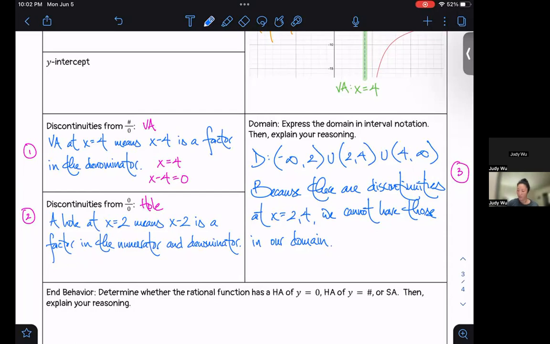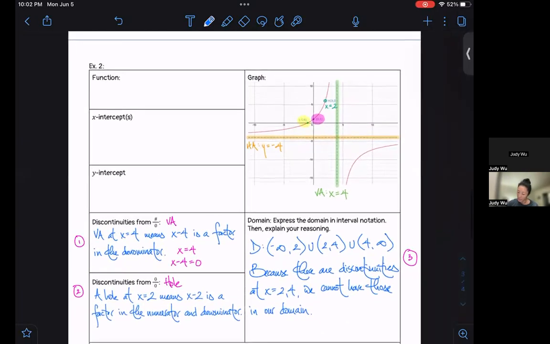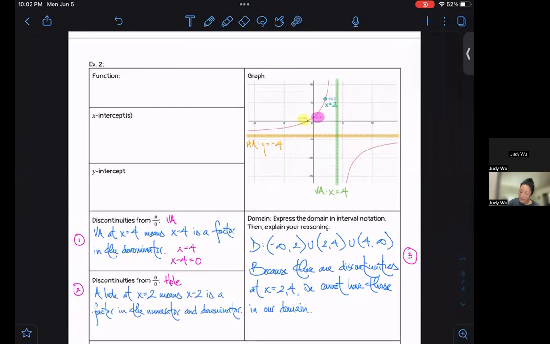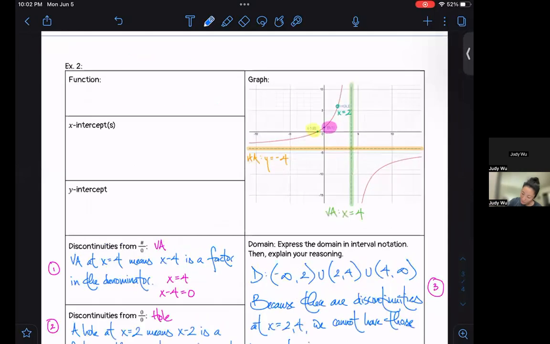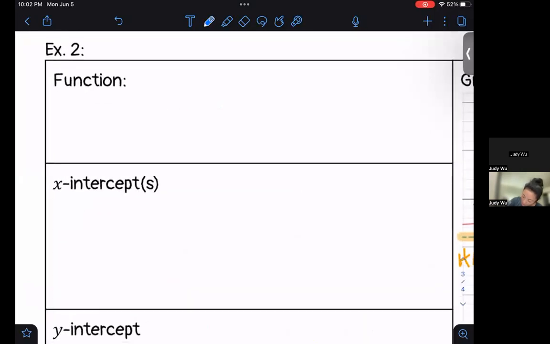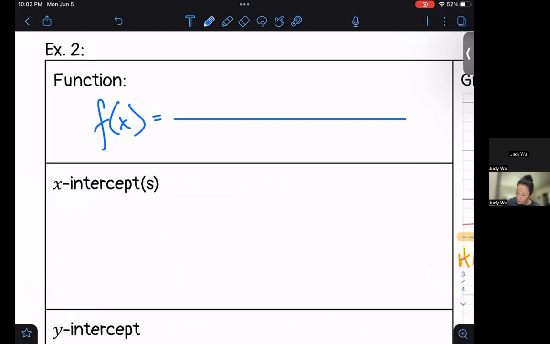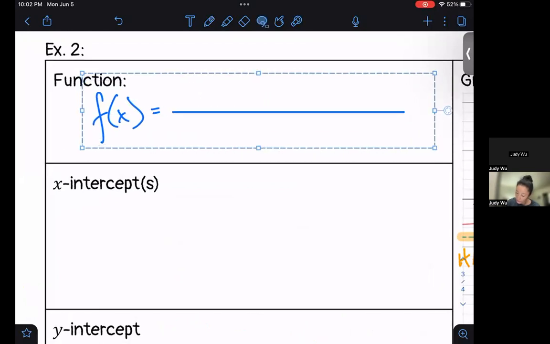All right, so let's stop for a moment, okay? Let's summarize what we had and start to write our function, okay? So inside this box, I'm going to write f of x equals. I know I'm working with a rational function, so I'm just going to go ahead and draw a whole big fraction line, okay?